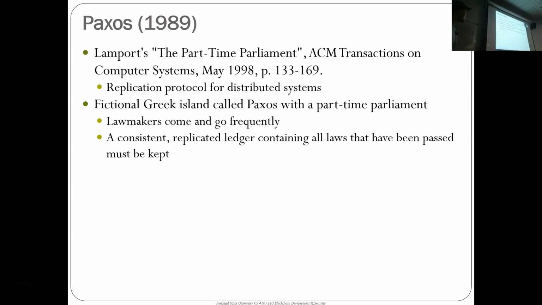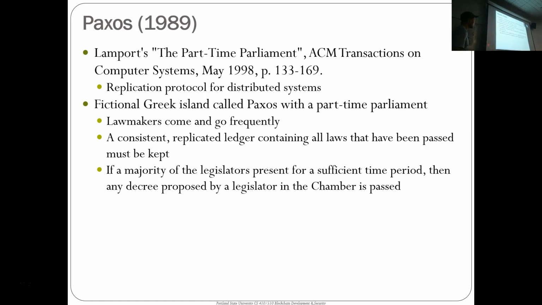The goal is to keep a consistent replicated ledger containing all the laws that have been passed. And it has to be kept in a distributed fashion. Every lawmaker will eventually get a consistent set of laws.